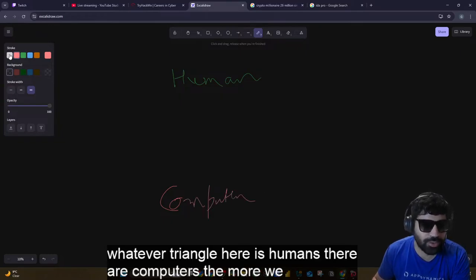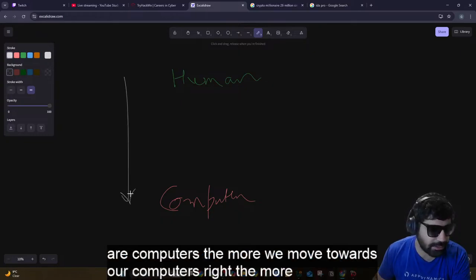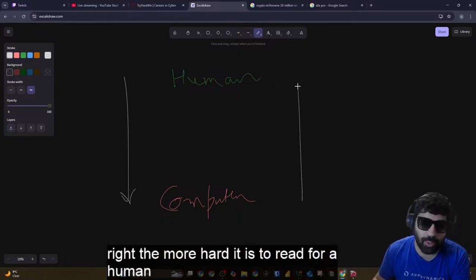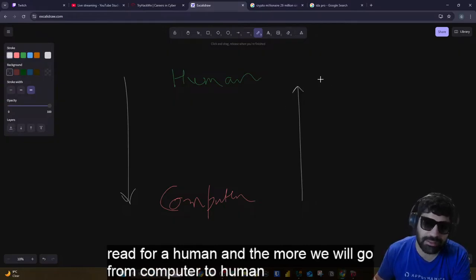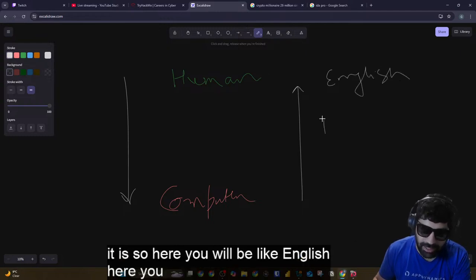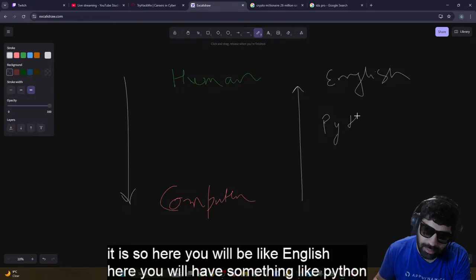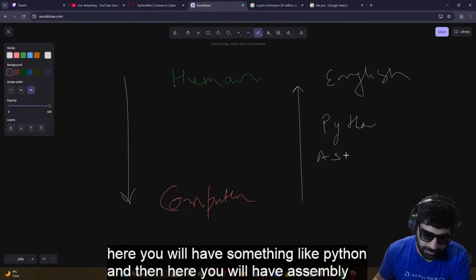The more we move towards computers, the harder it is for a human to read, and the more we go from computer to human, the easier it is. So here you will have English, here you will have something like Python, and then here you will have assembly.